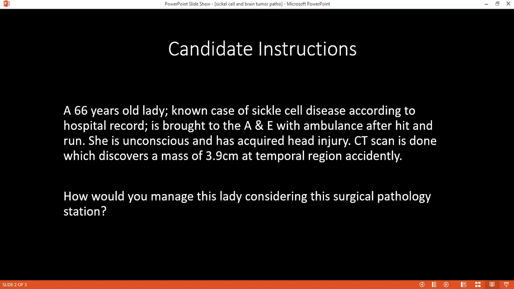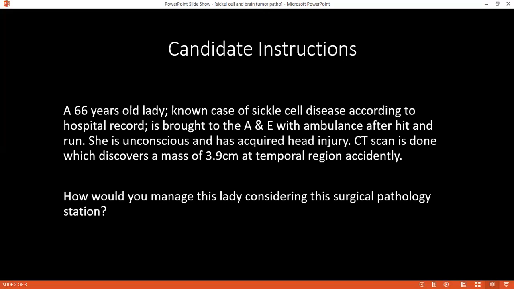Which virus is known for causing aplastic crisis in patients with sickle cell disease? Epstein Barr virus. Yes, parvovirus B19. Okay, can you tell me what are the most painful crises that can occur in a patient with sickle cell disease?